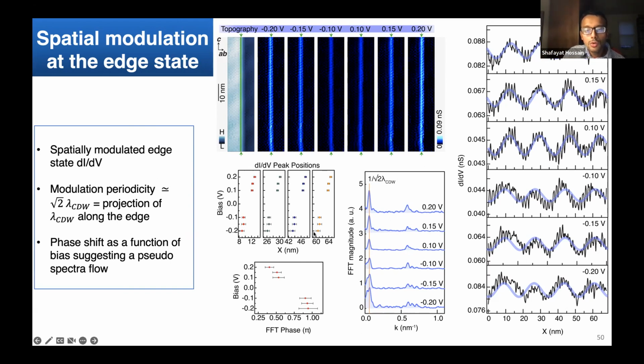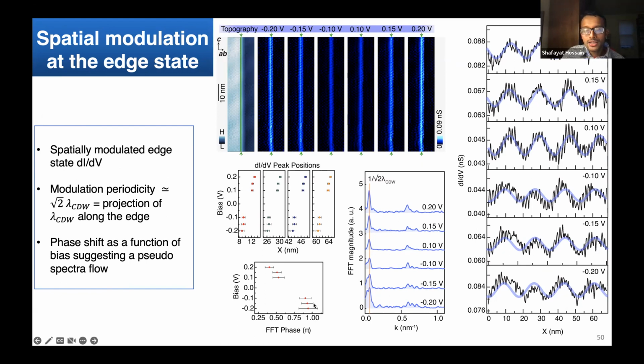Another thing is, if we look into the peak positions, there are these long wavelength oscillations, and there are these peaks. We can plot all these peak positions as a function of bias, and we see that these peak positions move as a function of bias. This is an indication of a pseudo-spectral flow along the edge, and again this is consistent with the non-trivial nature of the edge state.